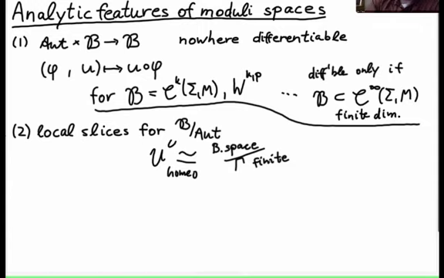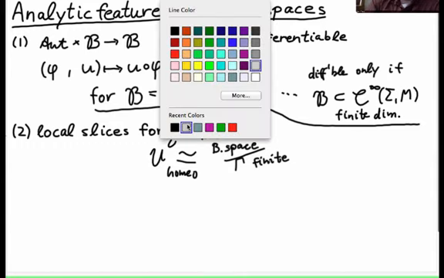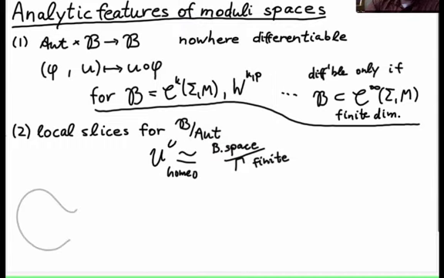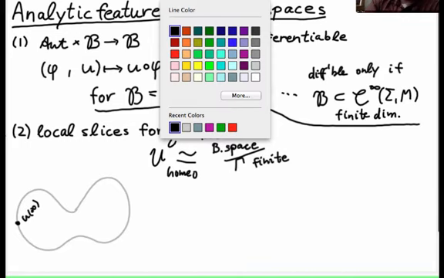So let's see. Let me go to my example of curves with one marked point. So there's u of infinity here. The rest is the image of my curve.